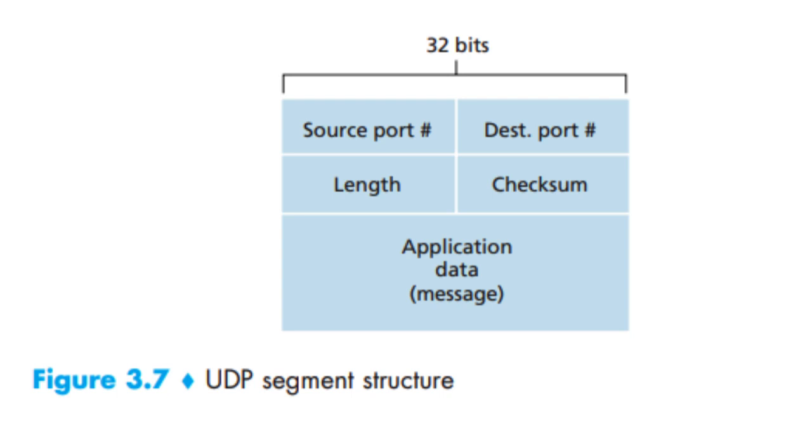UDP at the sender side performs the one's complement of the sum of all the 16-bit words in the segment, with any overflow encountered during the sum being wrapped around. This result is put in the checksum field of the UDP segment. The small example shown on page 203 explains the checksum calculation.